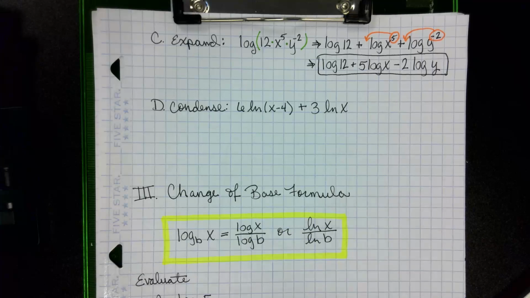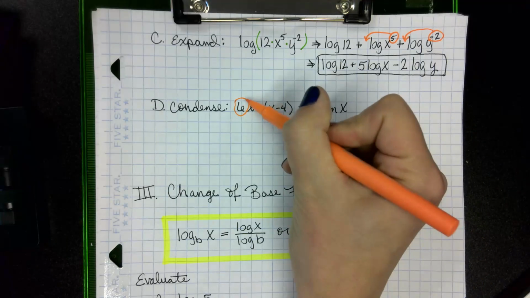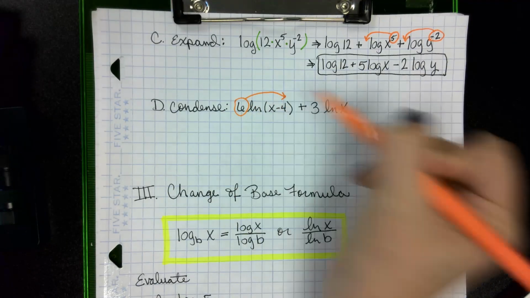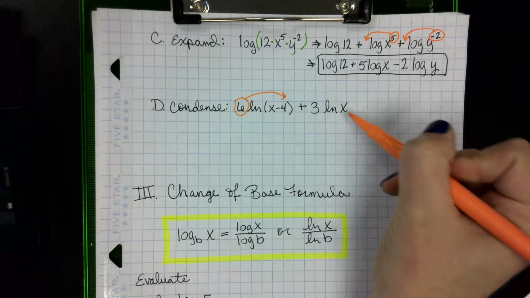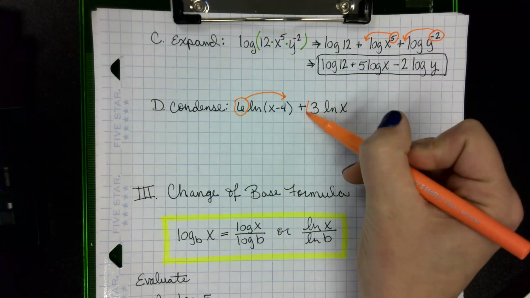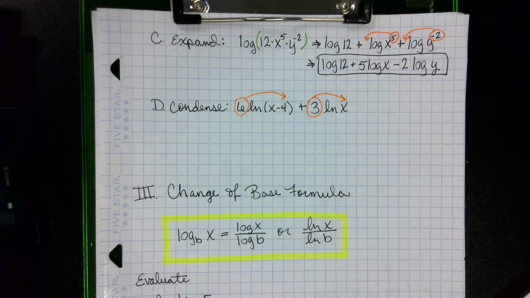Look to see, is there anything being multiplied by the log? So we have 6 times the log, so the 6 is going to move and become the exponent of the parentheses, plus 3 times the natural log of x. So 3 is going to move and become the exponent for the x.